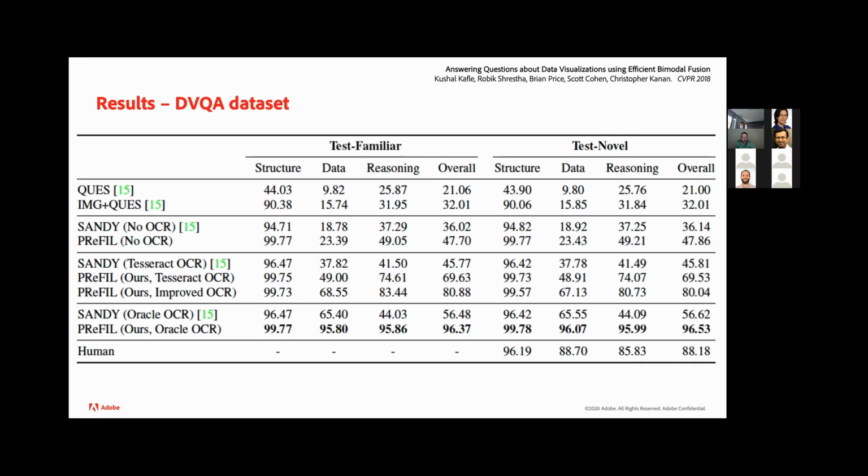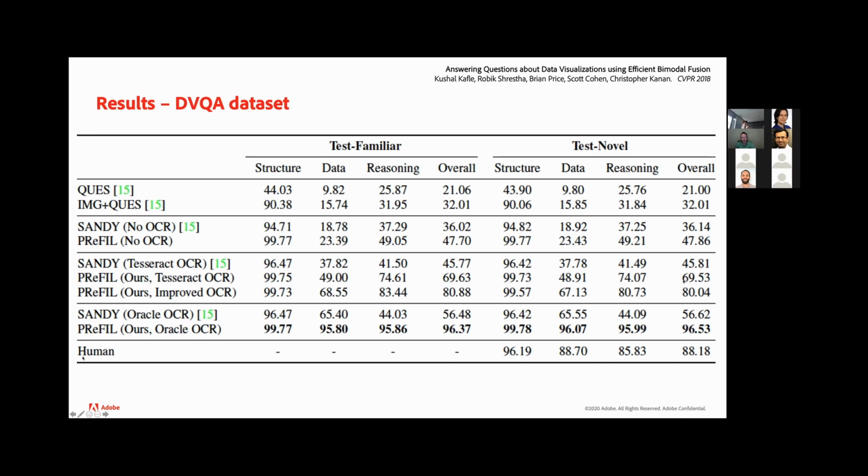If we look at our methods without OCR, we can get up to 47%, so we can't quite answer any questions where we need OCR. If you look at our prior state of the art, we used Tesseract OCR, and we were able to get 45% with our old paper, SANDY.